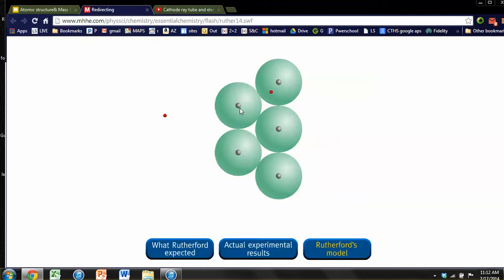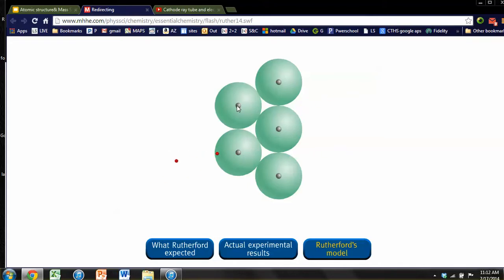So the nucleus is very, very small compared to the rest of the atom. An analogy you often hear is a ping pong ball relative to the size of a football stadium. The nucleus is the size of the ping pong ball, and the rest of the atom, where the electrons are flying around, is the size of the stadium. All of the rest of that is empty space.